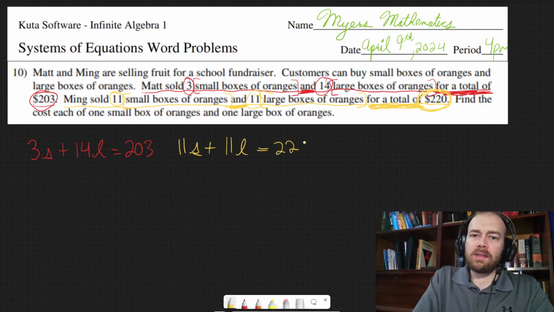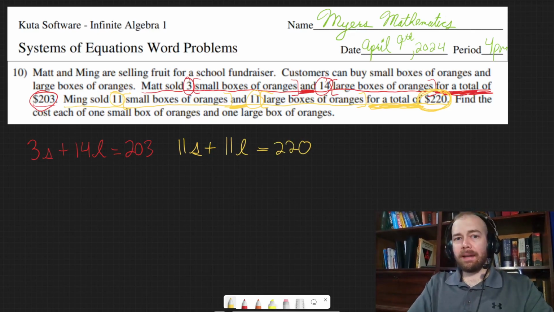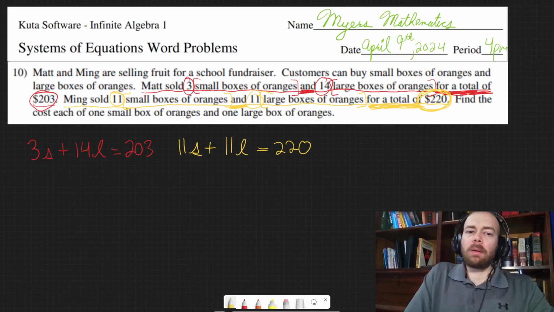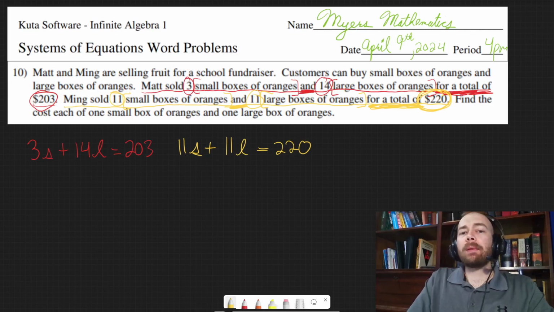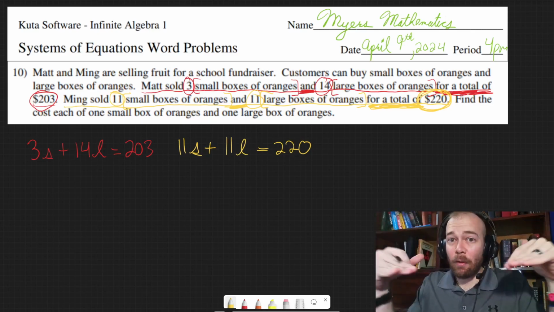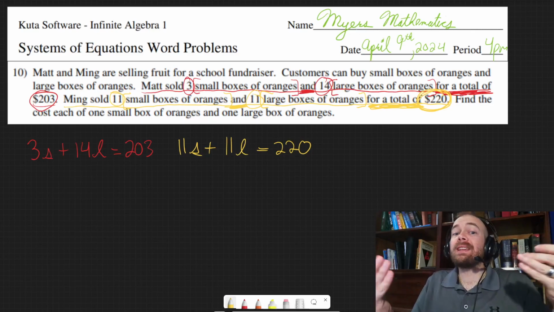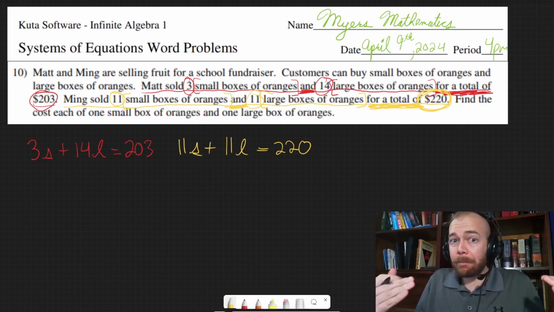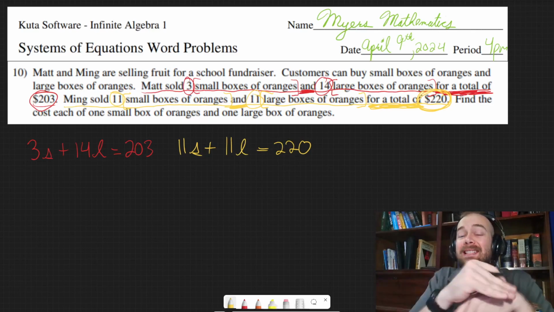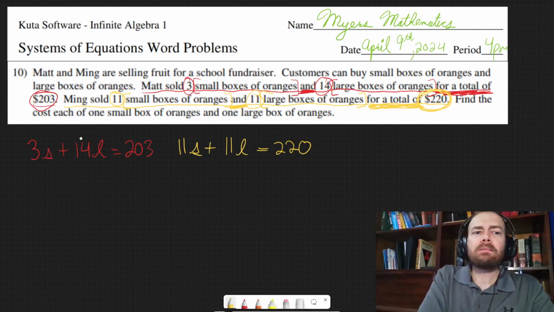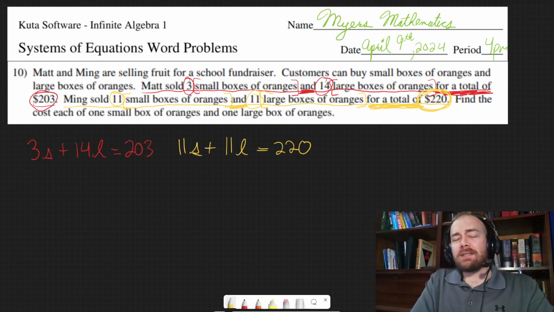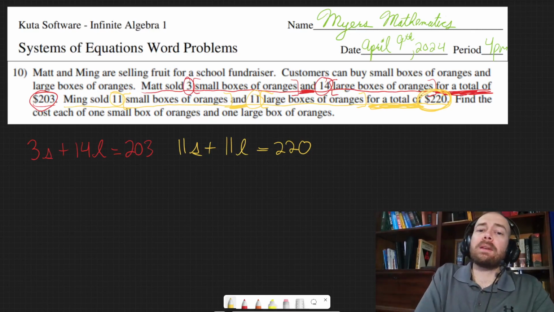220. I'm noticing that in this equation, everything divides by 11. Anytime you're setting up equations, it's good to set them up exactly how they say to. However, once you're done setting them up, it is okay to reduce the numbers as long as all of the numbers can be reduced. In the red equation that was not so, because 14 and 3 don't divide by the same number other than 1. But I can reduce the yellow equation because everything divides by 11.